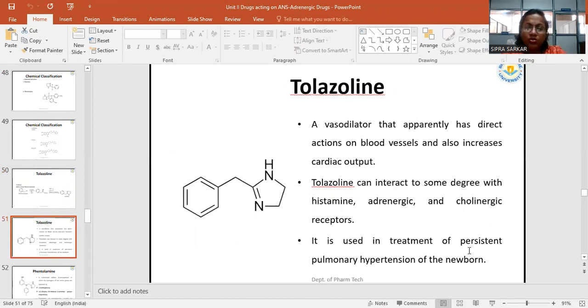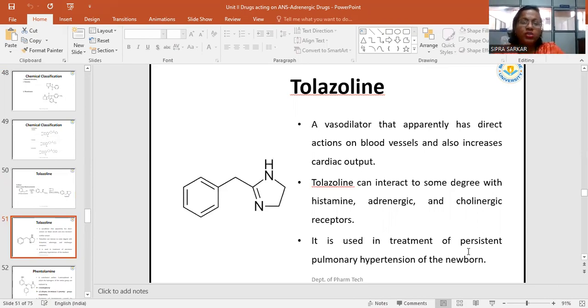This is a vasodilator drug that has a direct action on blood vessels and also increases the cardiac output. In case of hypertension, the vessels are constricted, so blood circulation becomes problematic.